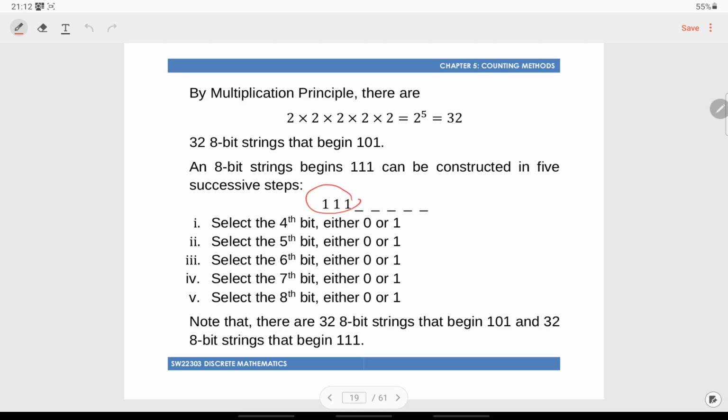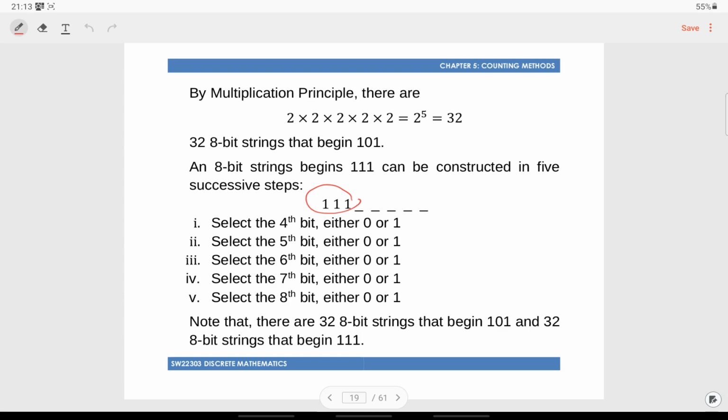Because there is no string that can start with 101 and 111 at the same time. It's impossible. The string can either start with 101 or 111. It cannot start with the combination 101 and 111 at the same time.